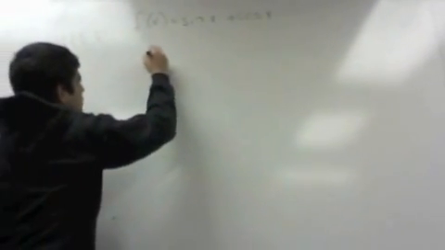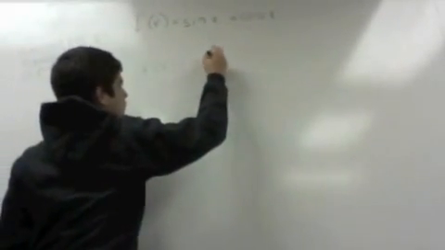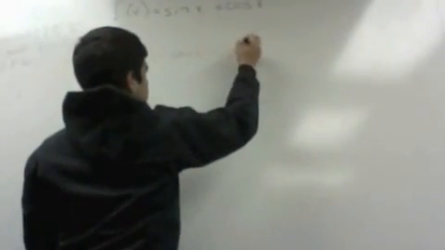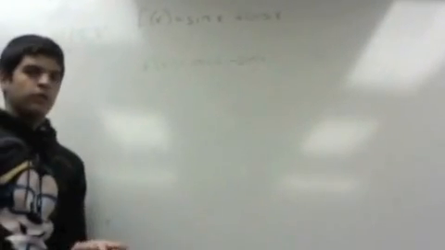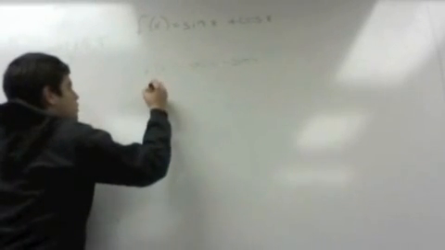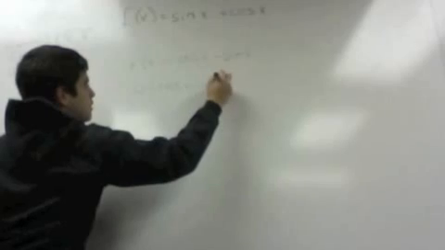So f prime of x is equal to the derivative of sine, which is cosine of x, and the derivative of cosine, which is negative sine of x. Now that we have that, we can find the critical points of the function. To do that, we have to set this equation equal to 0. So 0 is equal to cosine of x minus sine of x.